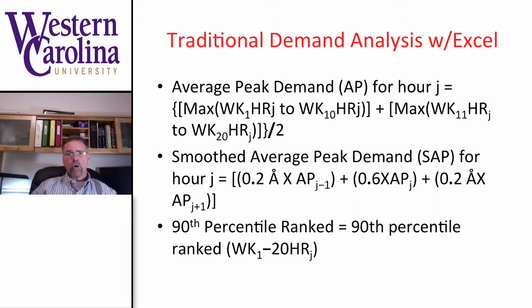In the newer version of System Status Management, they've dropped back to using basically 3 measures, maybe 4. These include the average peak demand that you see outlined here, and these are the ones that are actually covered in the academic article that you'll have. But you see the average peak demand, the smooth average peak demand, and the 90th percentile rank.